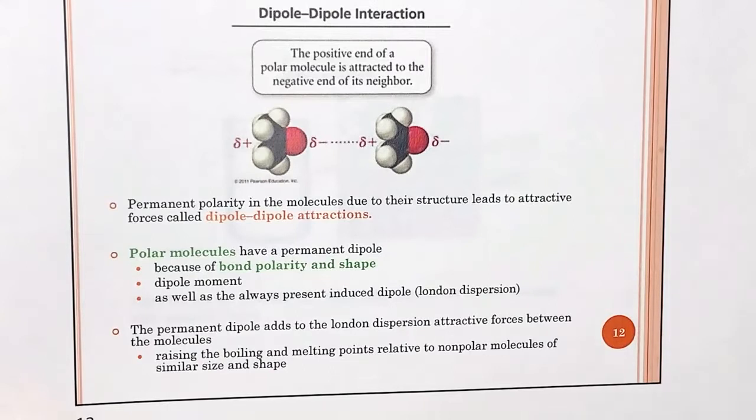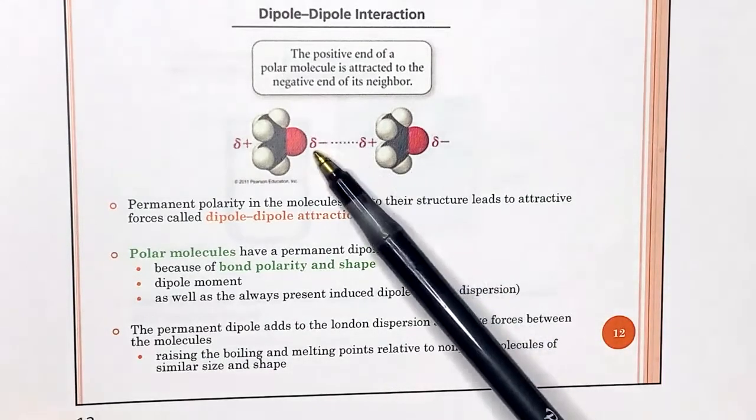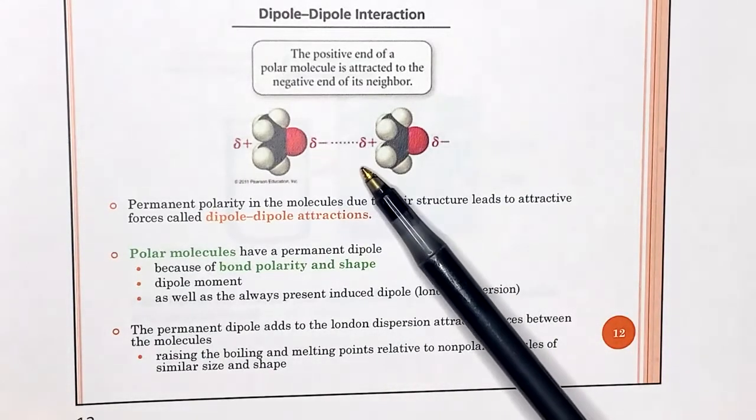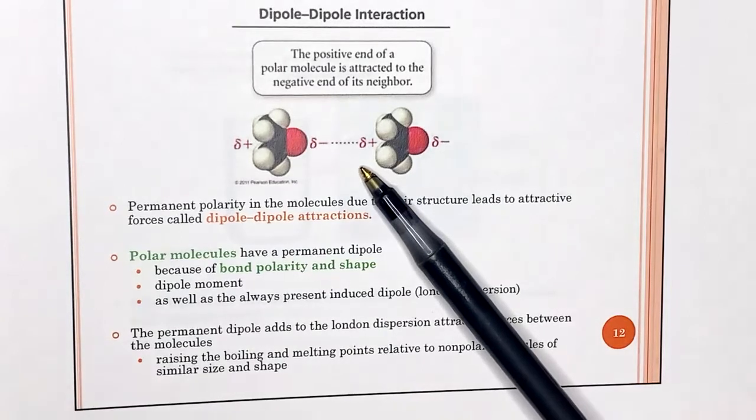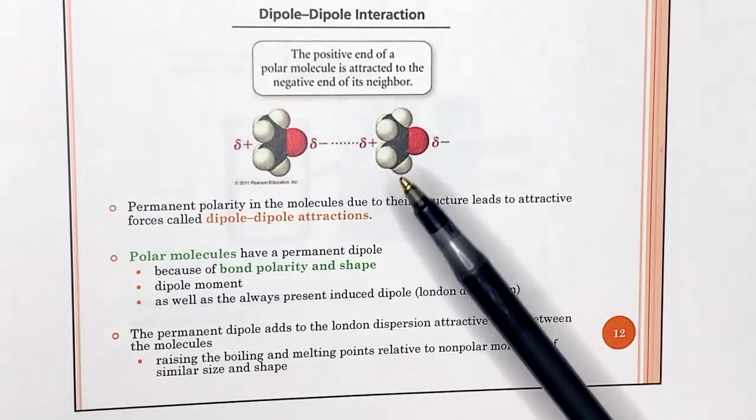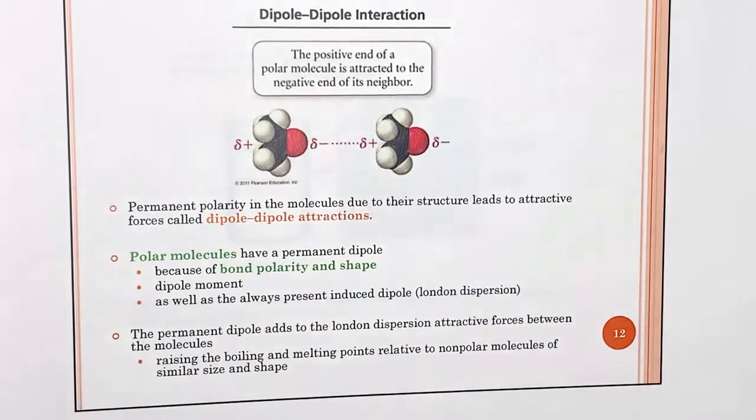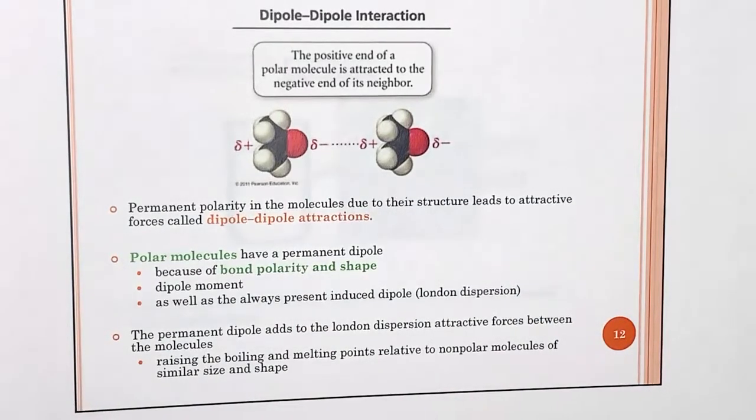Because dipole-dipole is permanent, it is stronger than London dispersion. London dispersion is a temporary thing, right? This is permanent. So dipole-dipole is a stronger intermolecular force than London dispersion. Polar molecules will always have a higher boiling point compared to a molecule that doesn't have polarity, that doesn't have dipole-dipole.